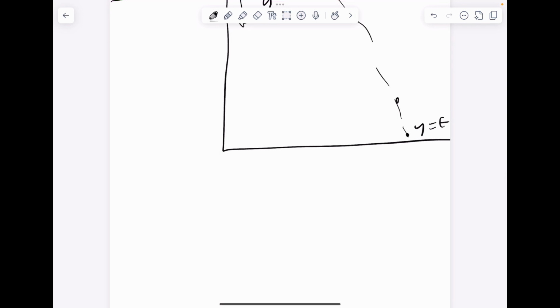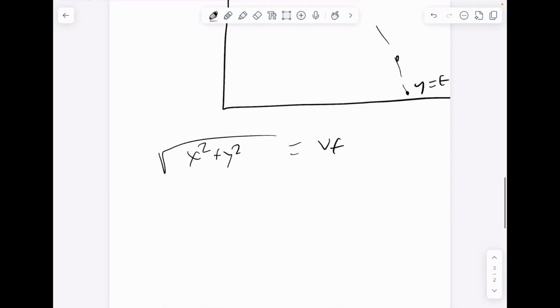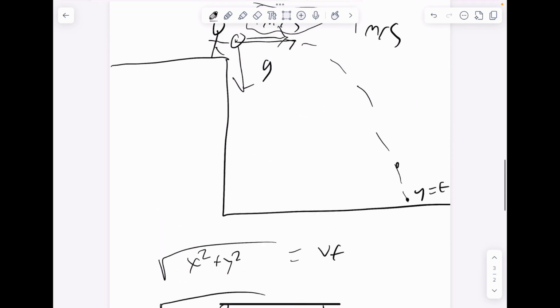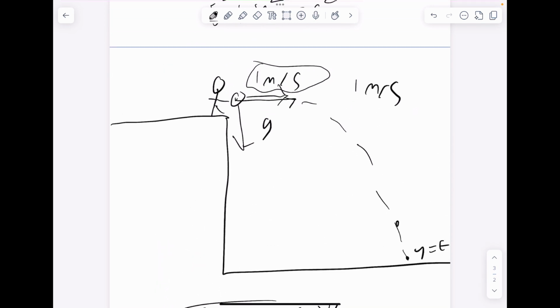Since we're doing x squared plus y squared equals vf squared, and since we already know what x is, we can substitute 1 here to get this. Now we need to solve for the y velocity. What do we know in terms of y? We know the acceleration and we know the time.